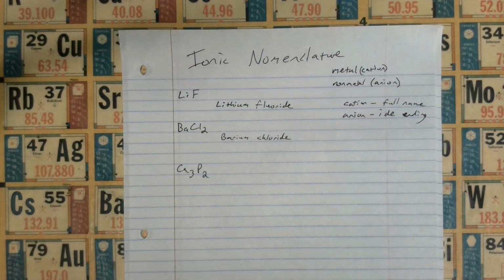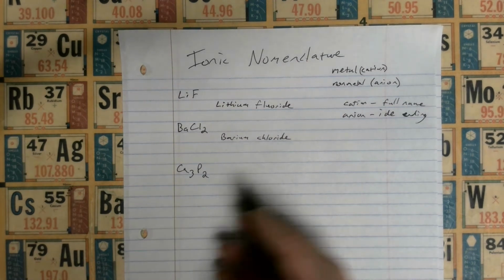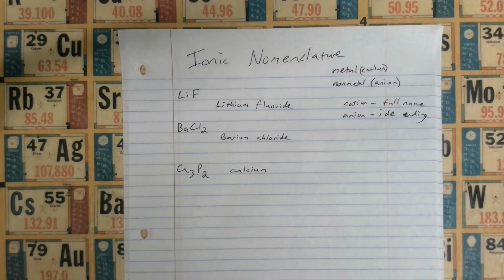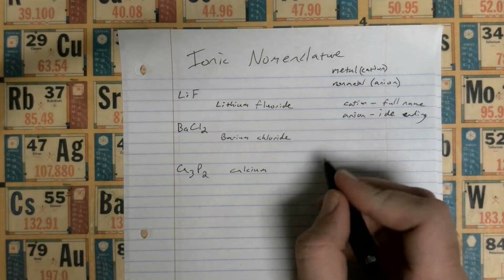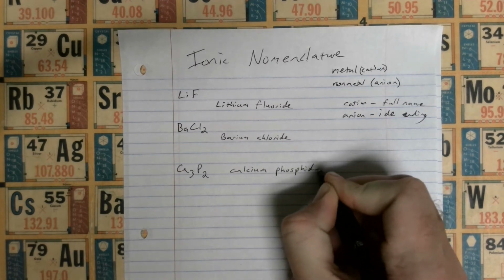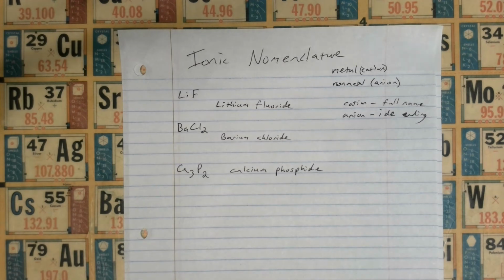So barium chloride. And then this last one, Ca is calcium, and then P is phosphorus, so we change that to phosphide. So calcium phosphide is that third one there.